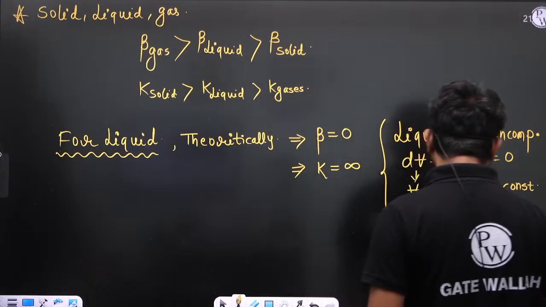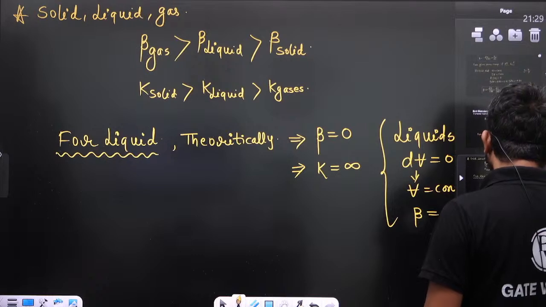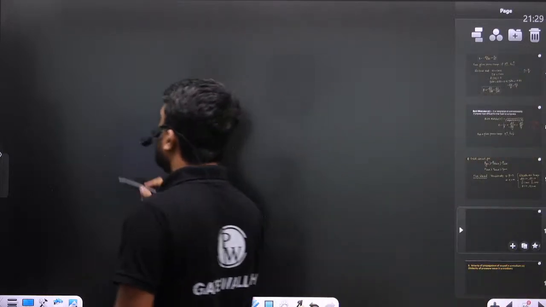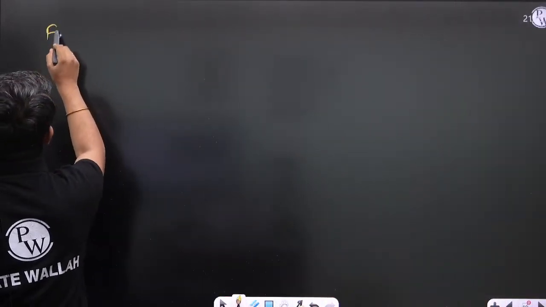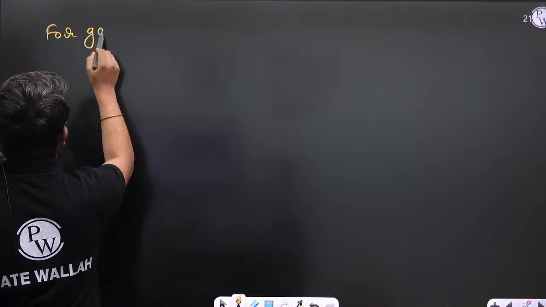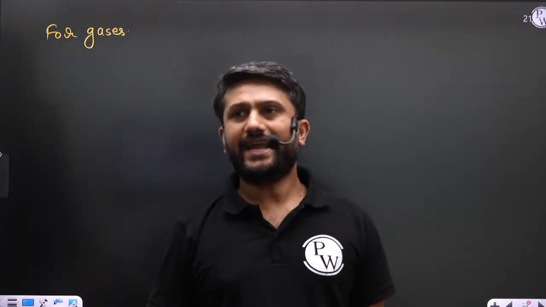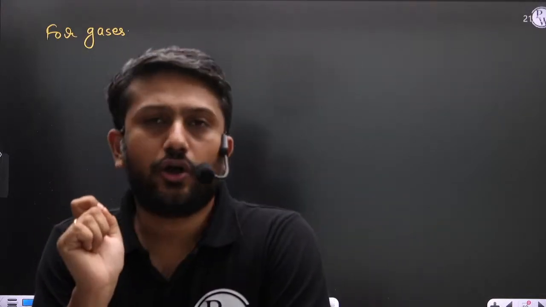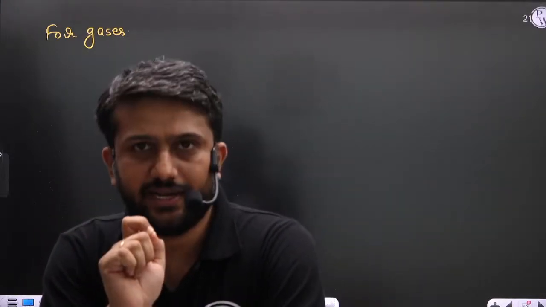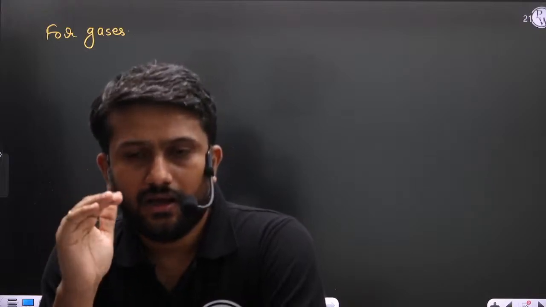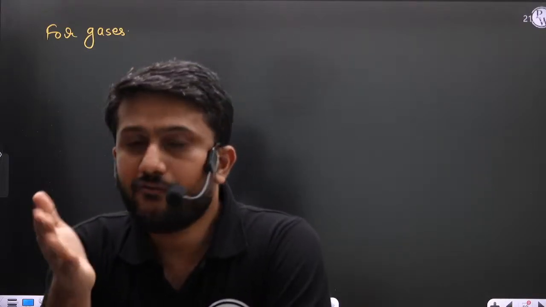Now come to the gases. So beta, what happens in case of the gases? In case of the gases, we are not talking about a single compressibility. We are talking about different compressibility. Why?